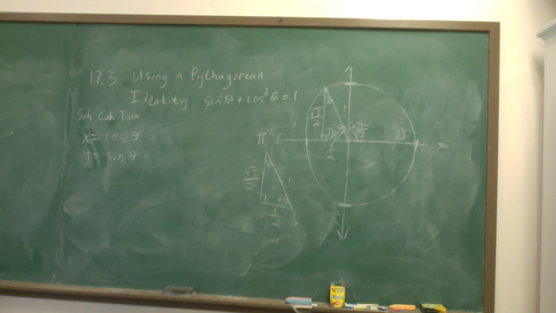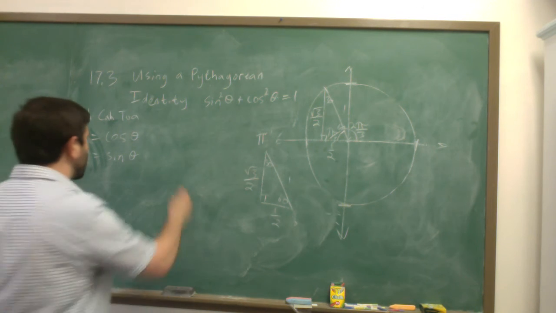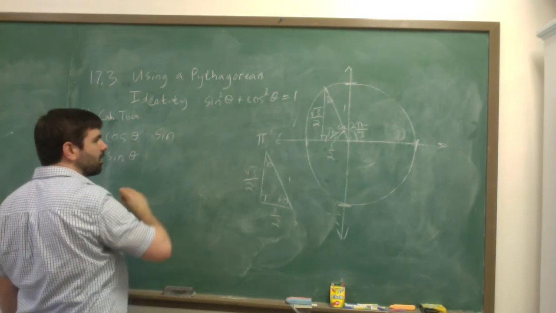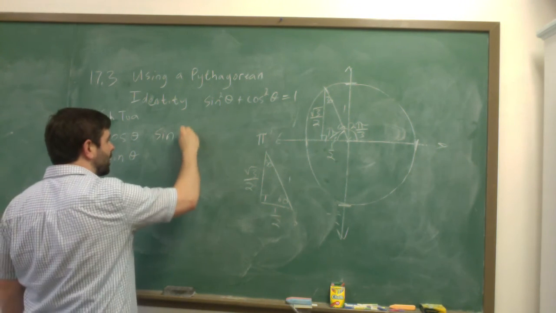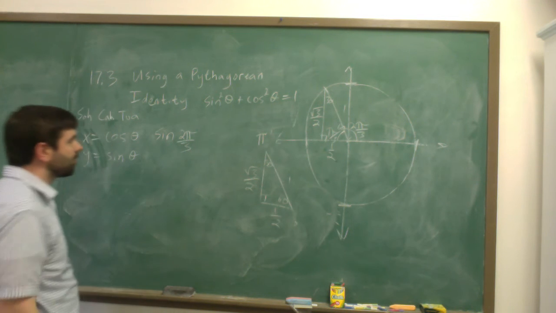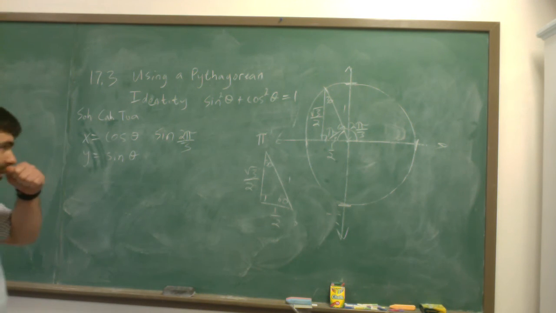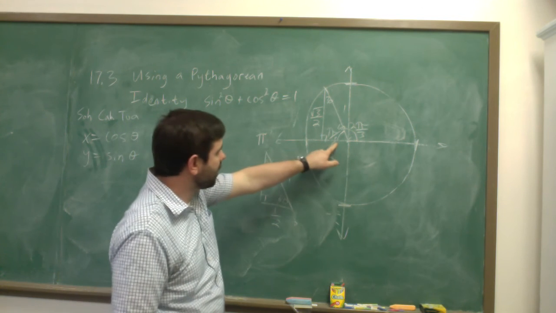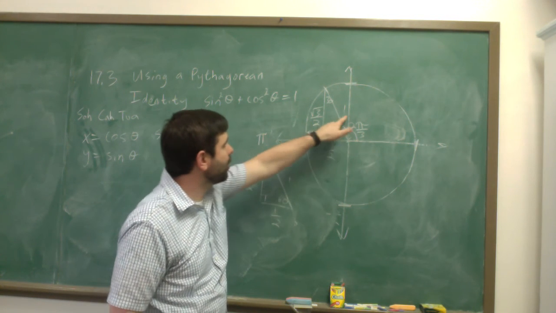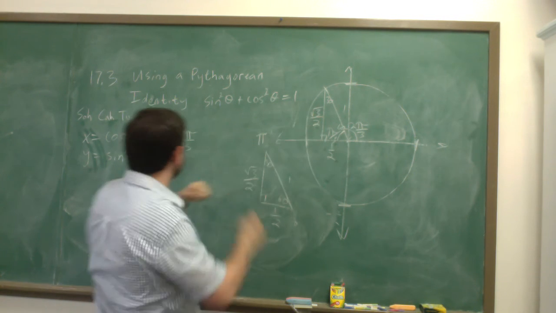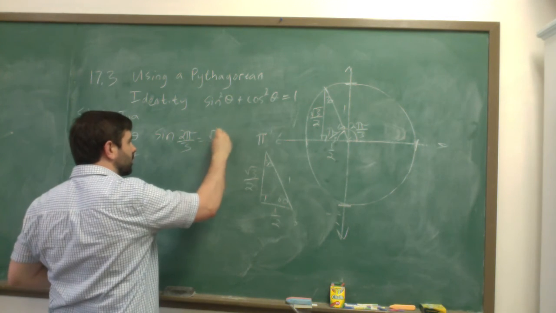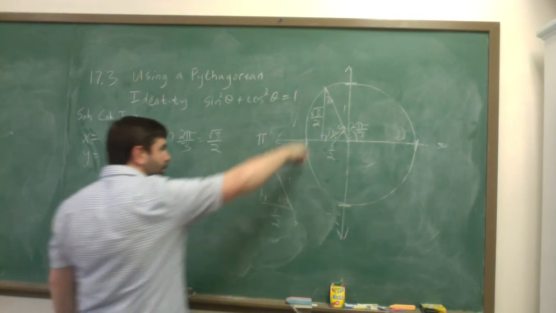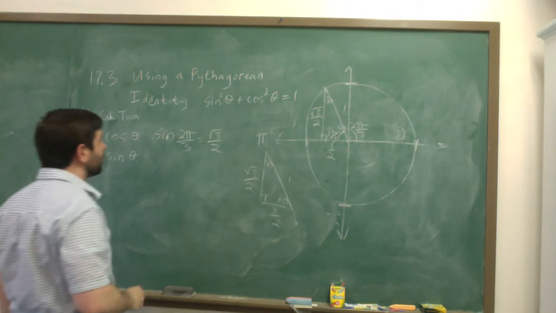Okay, so what is the sine of 2 pi over 3? Sine is our y values, if we remember. Sine of this angle is going to be opposite over hypotenuse, √3 over 2. And this is a positive value, so this will stay positive.